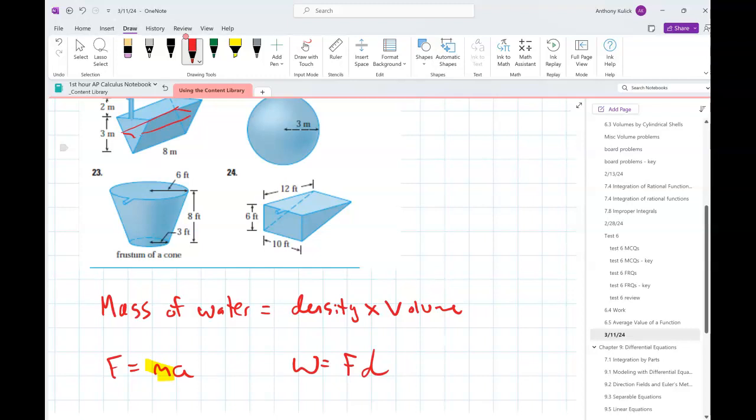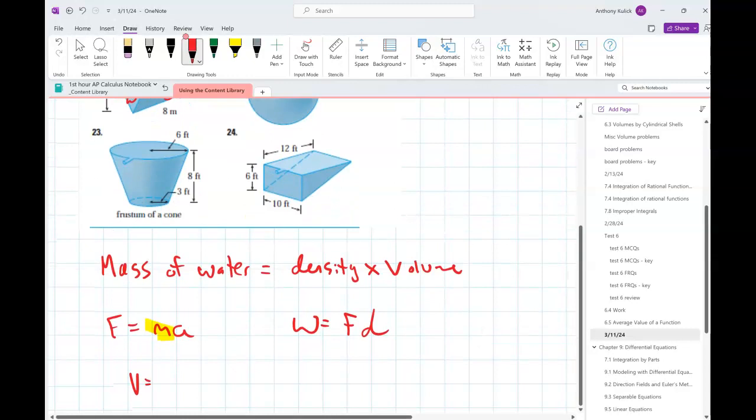And that rectangle is going to have different width, but identical length, right? It's always going to be 8 meters long, but the width is going to change based on the height of the water, right? So I'm going to start there.